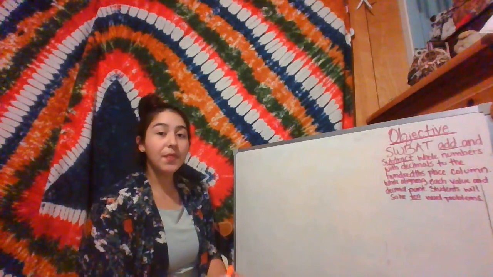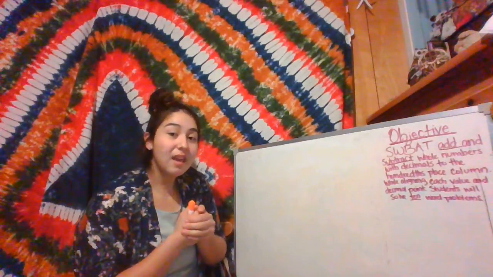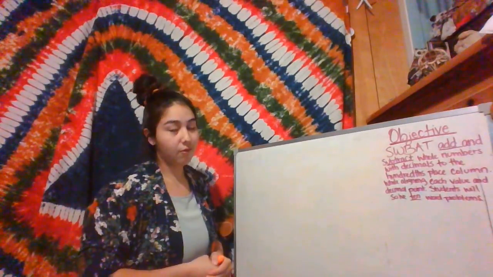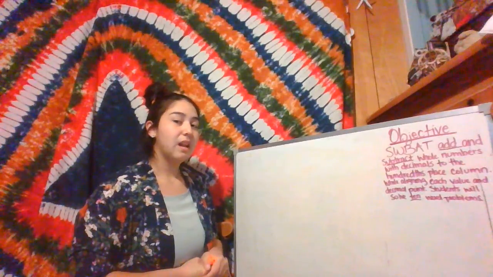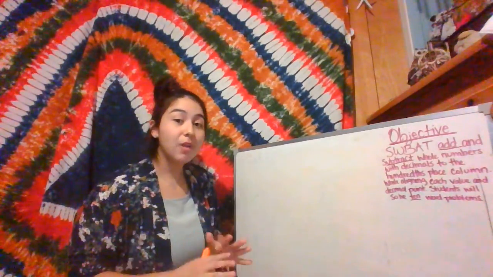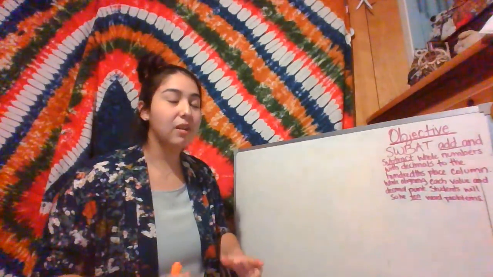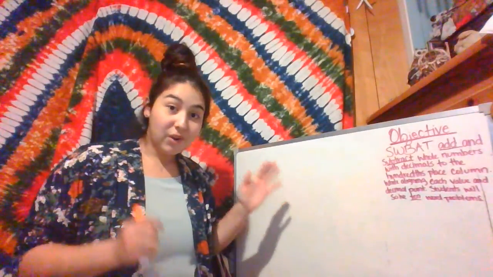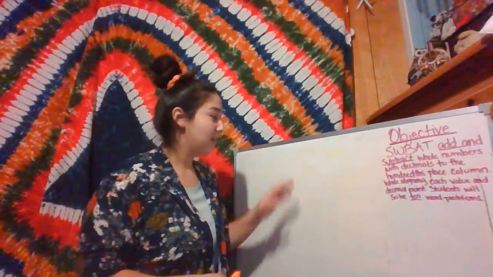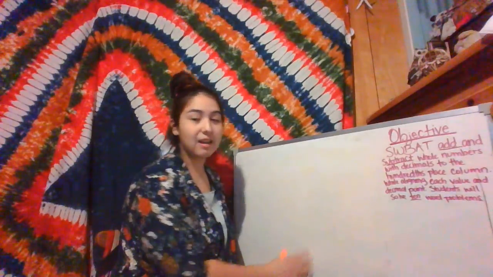Now, what is one thing I stressed yesterday? What do we need to do in order to solve the problem correctly? That's right, aligning the decimal in order to receive the correct answer. We have to make sure our decimal points line up.